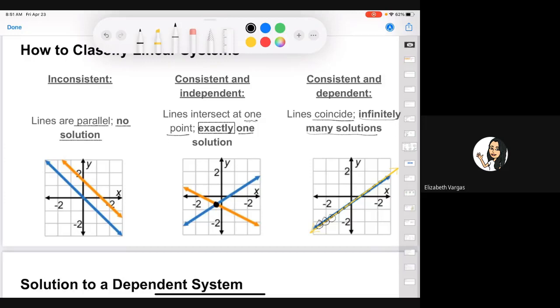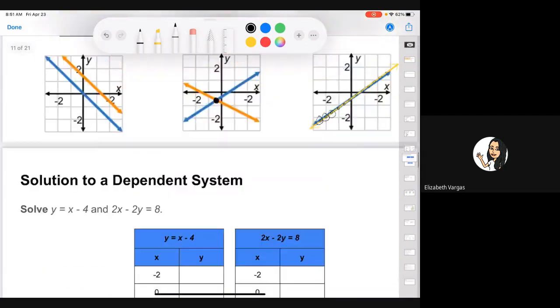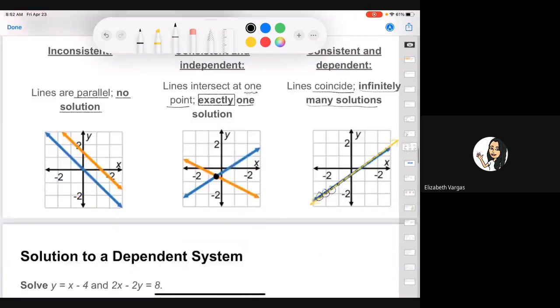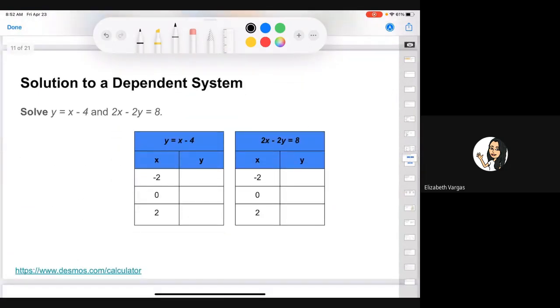So now let's actually look at some systems of equations or some linear expressions that are dependent on each other. Well, we know when things are dependent on each other, those lines are going to coincide infinitely many times. So they're going to have infinitely many solutions. So what we want to identify is, are these two equations dependent? Do they have infinitely many solutions?